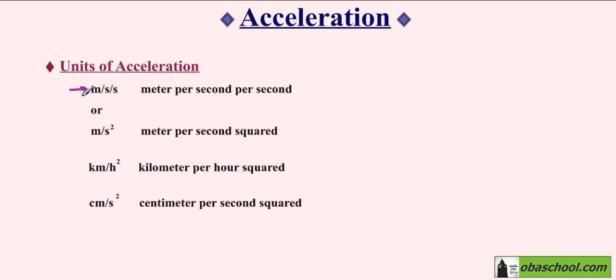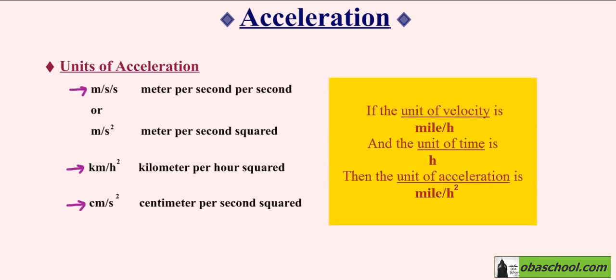These are the most important units that we will see: meter per second squared, kilometer per hour squared, or centimeter per second squared. Also, there's a possibility that we might see the unit mile per hour squared, coming from mile per hour for velocity and hour for time. It's worth noting that this unit, mile per hour squared, is not an SI unit.